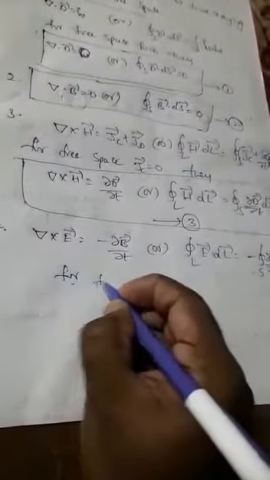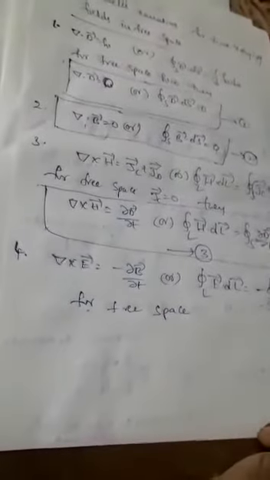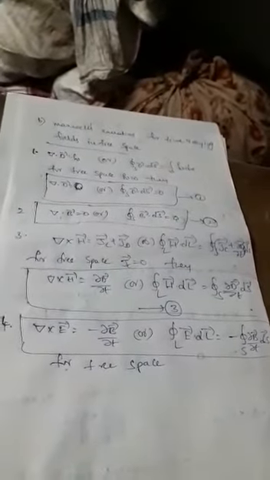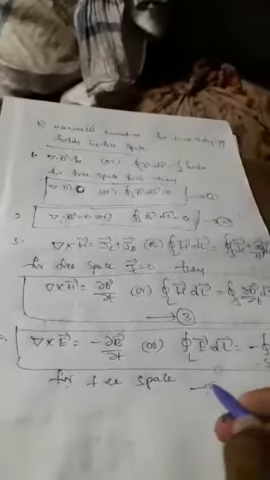So here which is time varying fields, Maxwell's equation for time varying fields. For free space also no problem. This is the direct equation. So these are the Maxwell's equations for time varying fields in a free space.